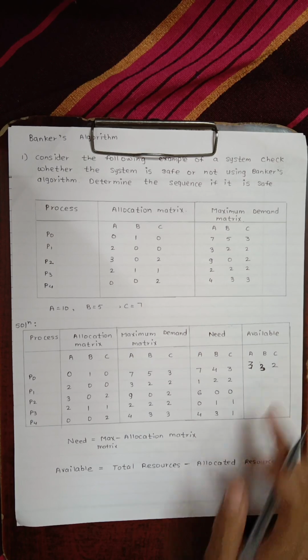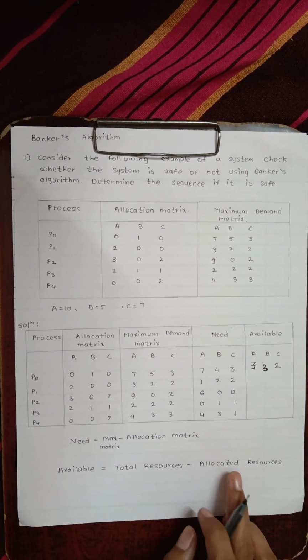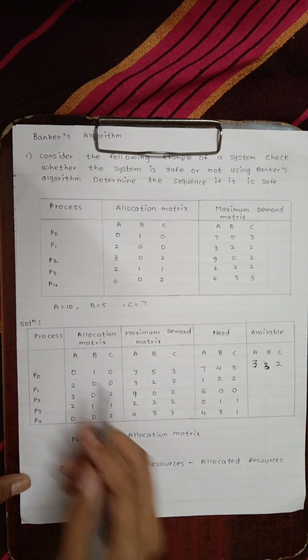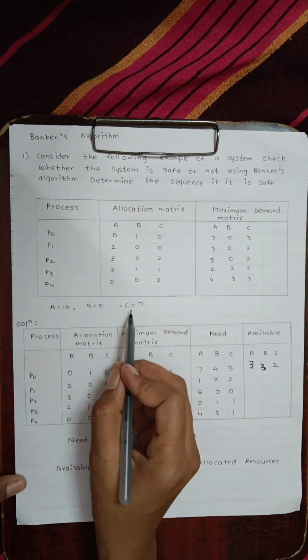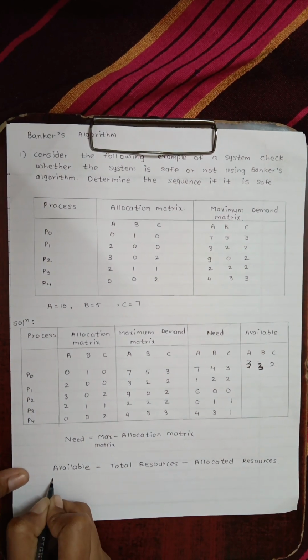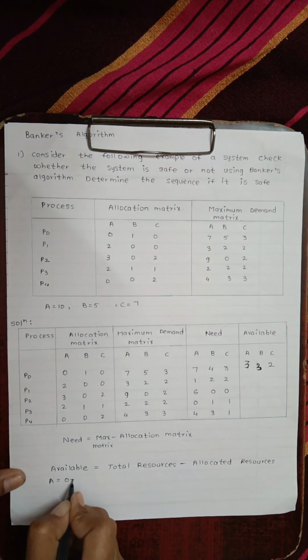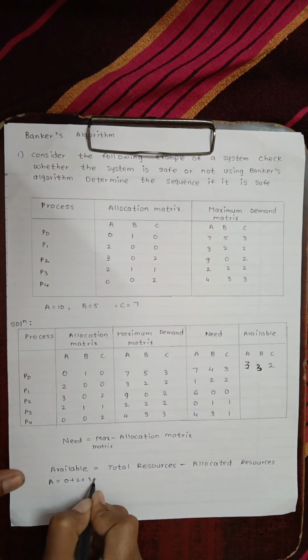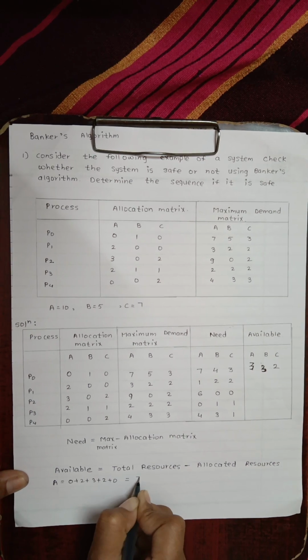For finding available, we have the formula: available is equal to total resources minus allocated resources. We have total resources A equal to 10, B equal to 5, C equal to 7. So calculate allocated resources. For A, the sum of all these, 0 plus 2 plus 3 plus 2 plus 0, is equal to 7.